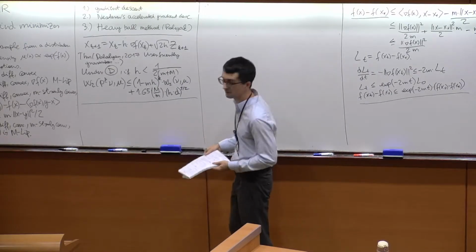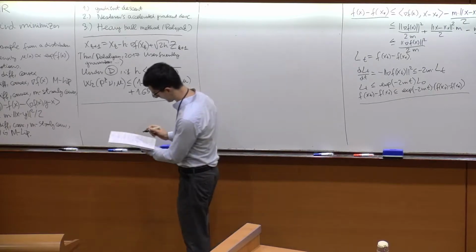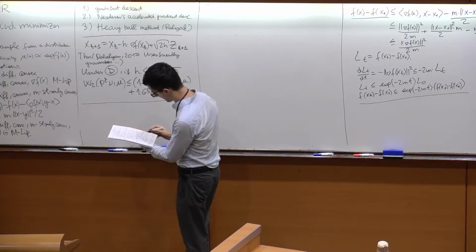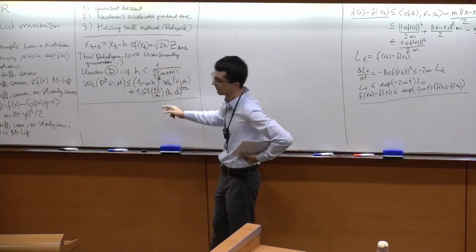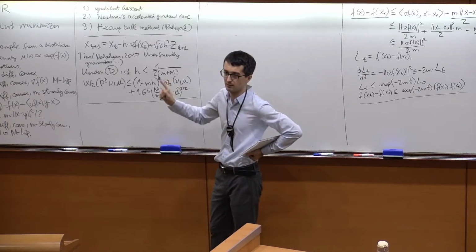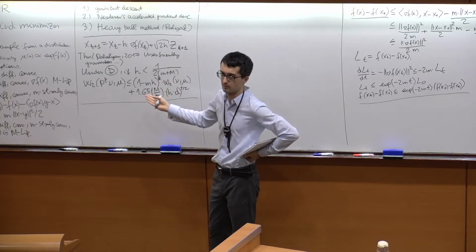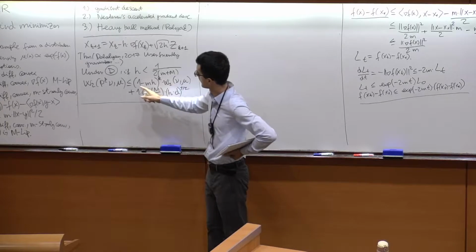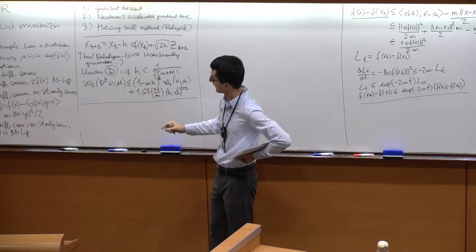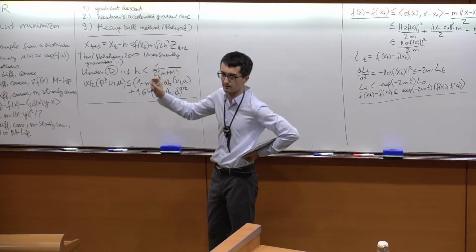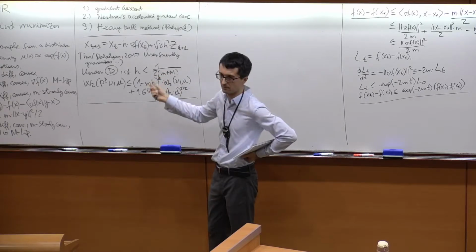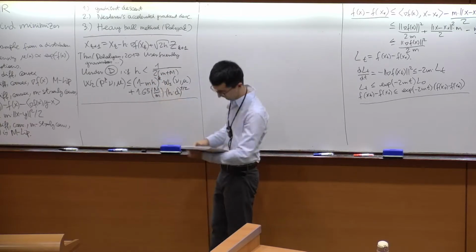So now I'm going to sketch the proof of this. So the main idea is that we are going to construct a coupling between the diffusion that targets the correct distribution mu and the Markov chain. And by quantifying the distance between these two, we are able to obtain such a bound.